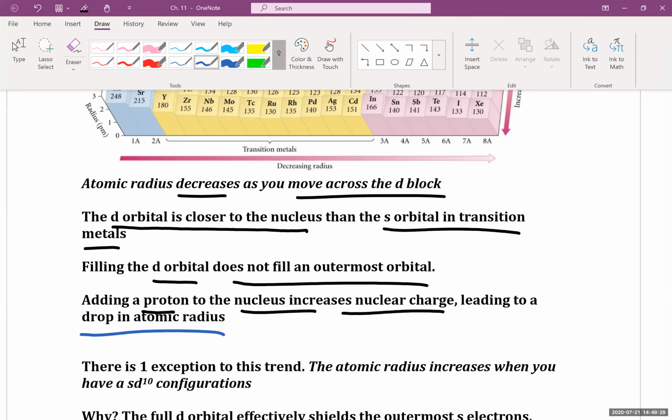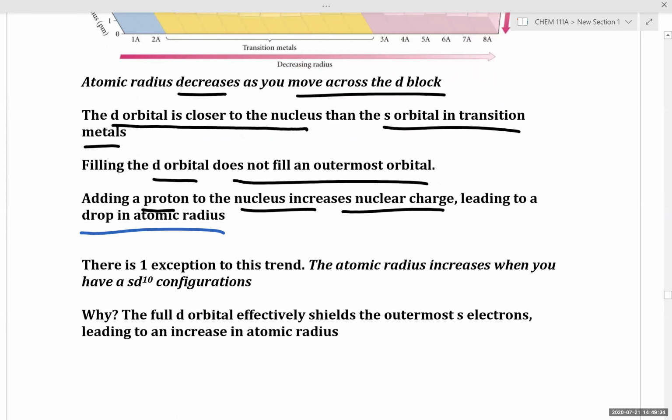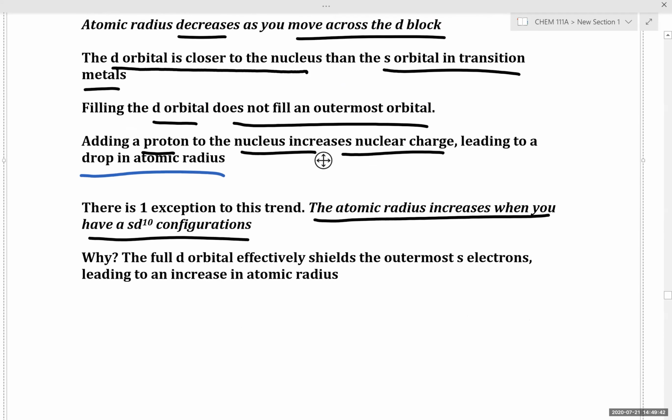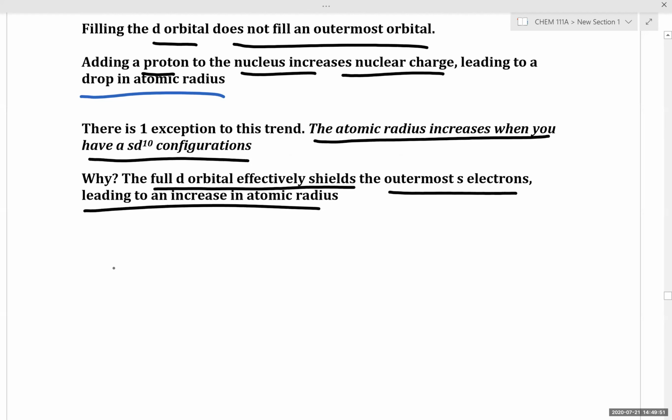Now, this is true for transition metals, except in one case. The atomic radius actually increases when you have a d10 configuration. And the reason for that is that the full d orbital effectively shields the outermost s electrons, leading to an increase in atomic radius. So for example, if this is our nucleus, let me draw out some d orbitals.